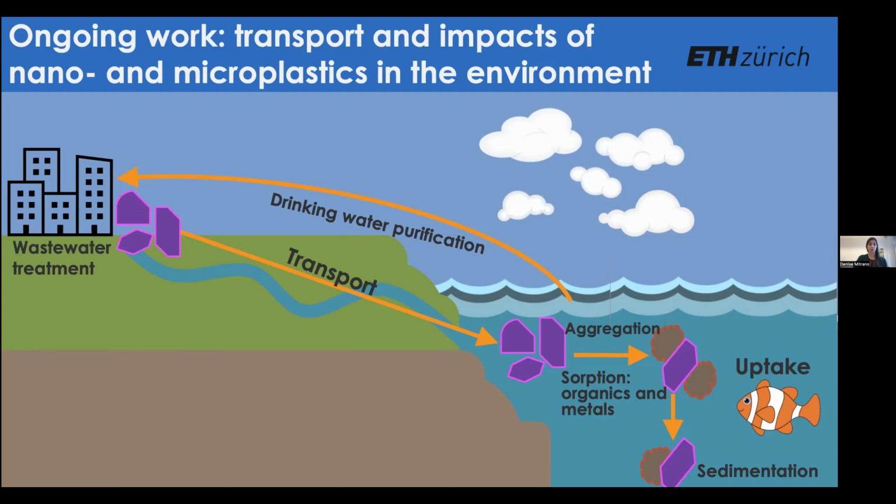From the wastewater treatment plant in 50% of European countries, this sludge, which contains most of the microplastics and nanoplastics that enter the wastewater treatment plant, can be put onto agricultural fields as a nutrient amendment.